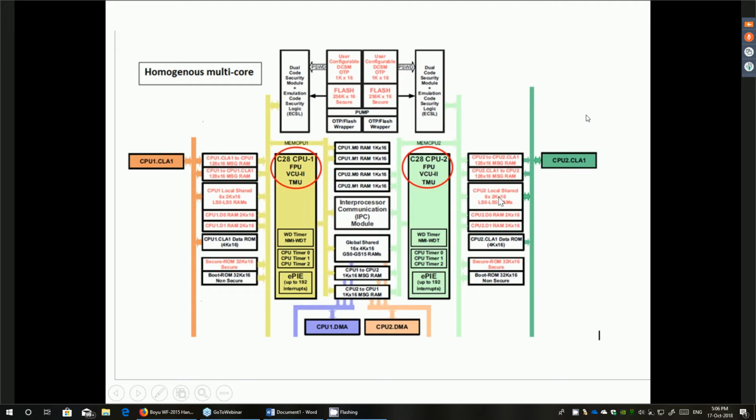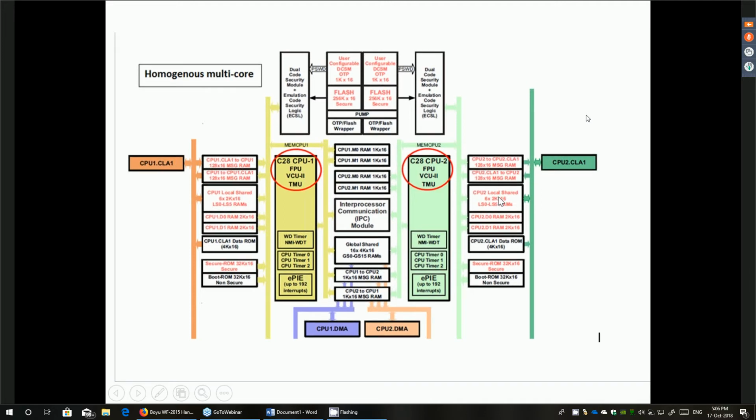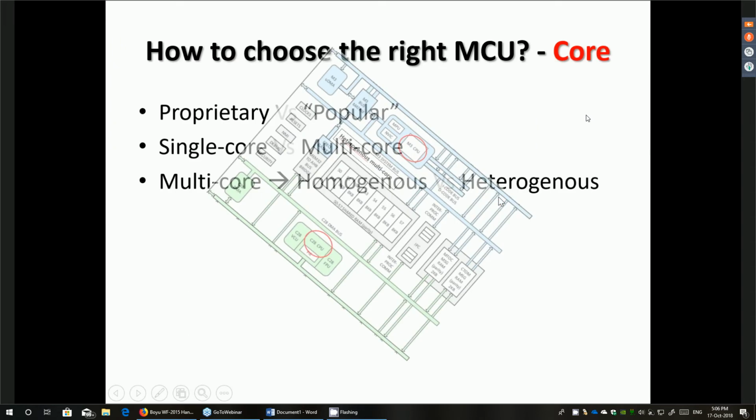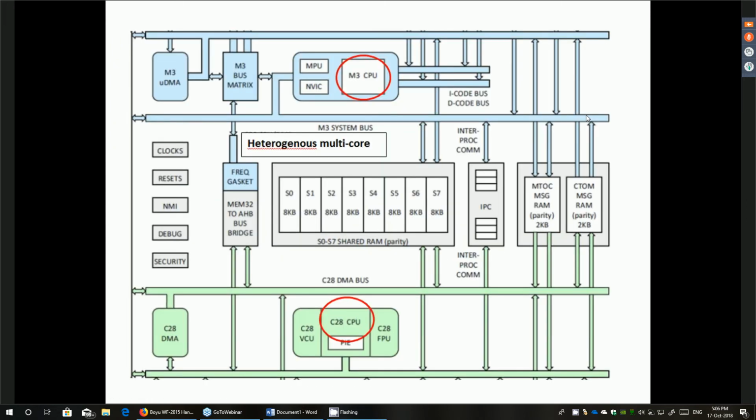And I want to show you an example of another chip, which is a heterogeneous multi-core, again from our C2000 family of microcontrollers. So one CPU is a C28 CPU, but the other CPU is an ARM M3 CPU. So this is an example for a heterogeneous multi-core, okay?